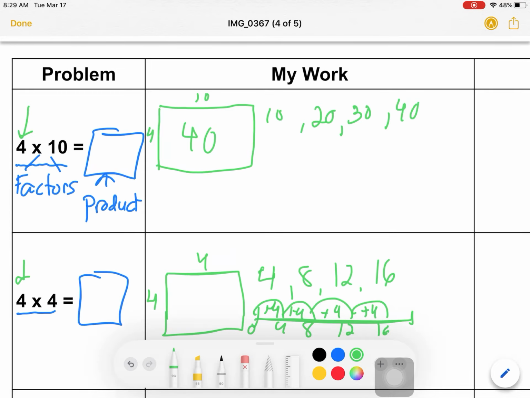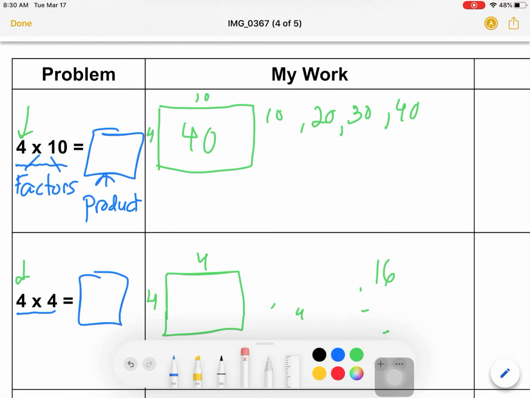As you can see, I'm going to think about adding some more onto this array over here. So let me erase this thinking here so I can show you what I mean. If I wanted to take 4 times 4 and add something to it, I could add more arrays to it and make it a lot longer.